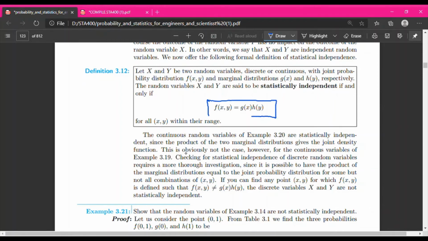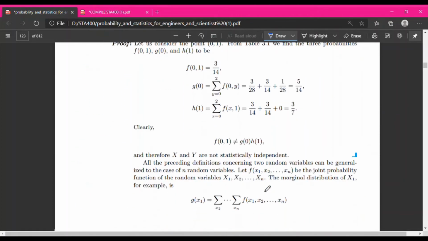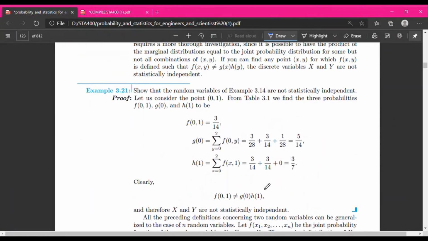So you have to memorise this. To know whether x and y are independent or not, we need to fulfill this condition: f xy, the joint function of xy, equals the marginal of x multiplied by the marginal of y. Okay, as simple as that. Okay, for this example, let's say here we have f x 0 1 and we have the marginal of 0.